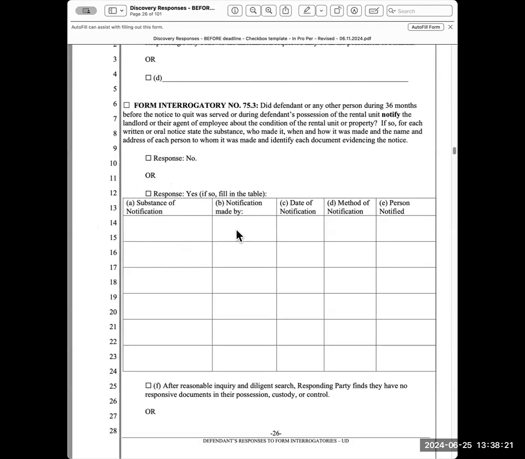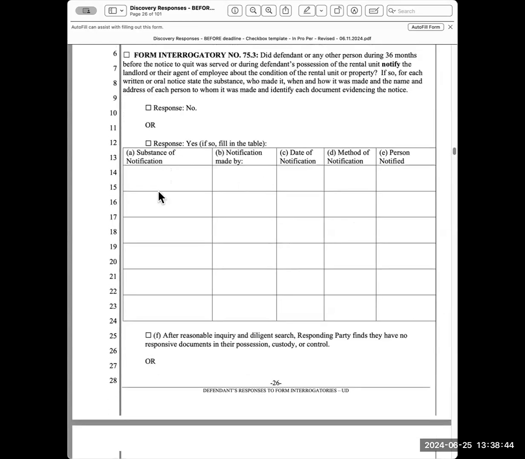You put the person who notified either the landlord, property manager, or the agent of the landlord, the date of notification, the method, how did you communicate? Was it verbal? Was it written? Was it a text, an email, some other form, a letter, and the specific person that was notified for each instance of notification.